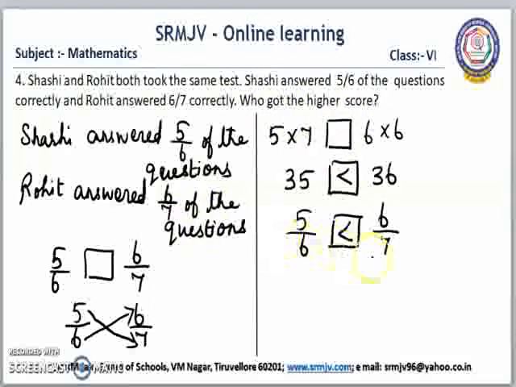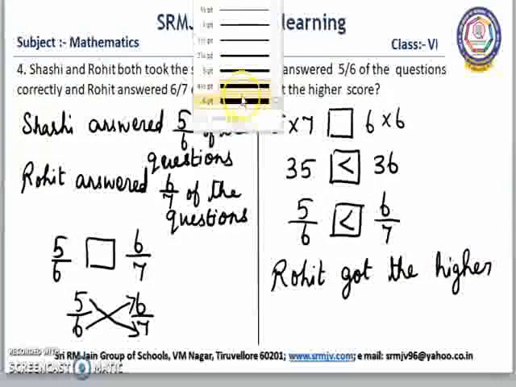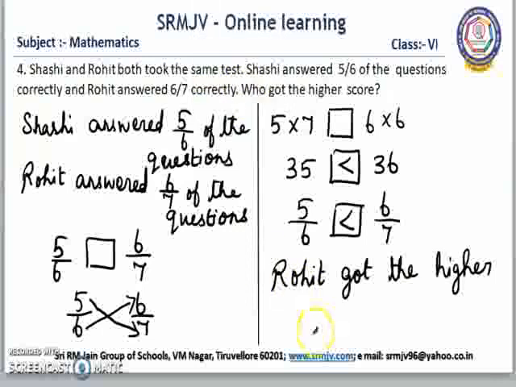This 6 by 7 is representing Rohit. Rohit answered 6 by 7 of the questions. So, Rohit got the highest score. Is it clear, children?